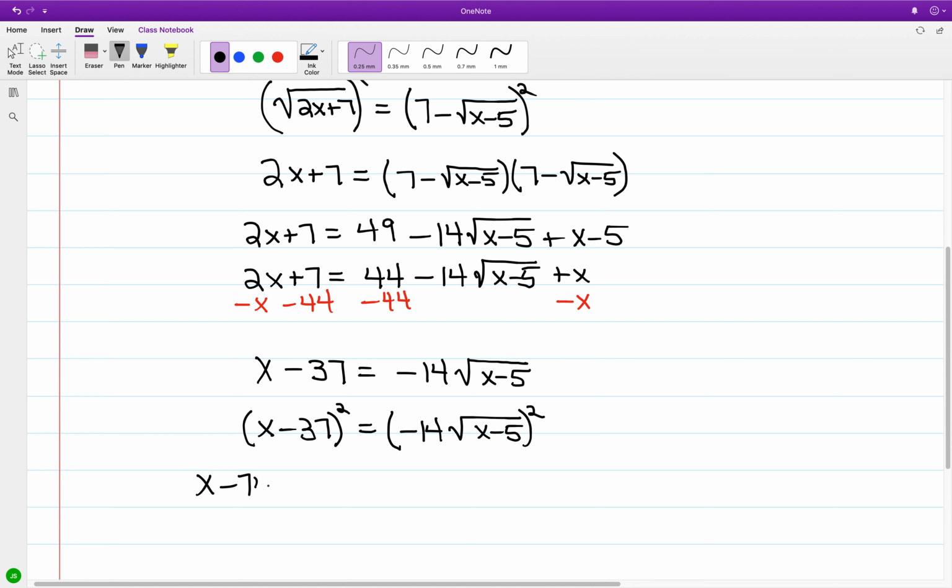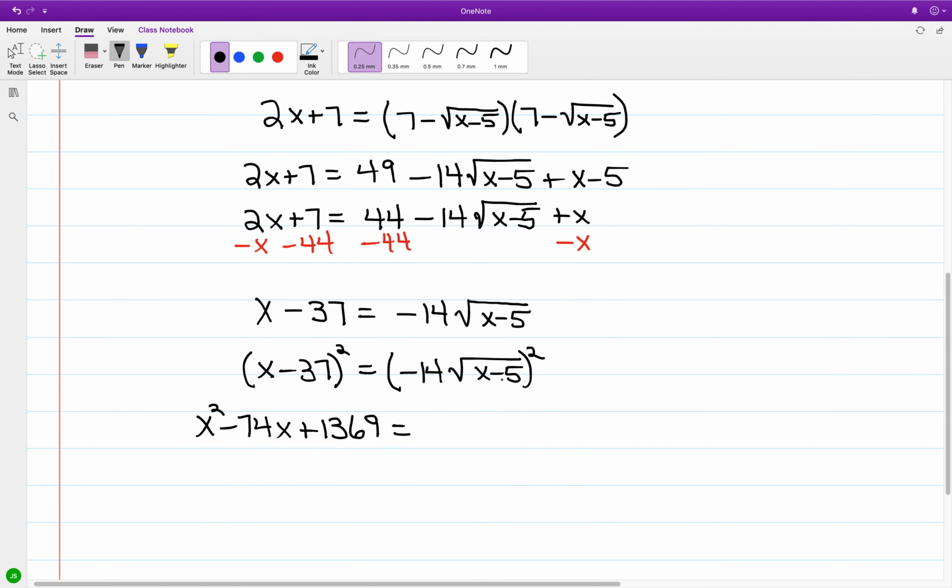And so we would have x squared minus 74x. And negative 37 times itself will come out to 1369, rather a large number. And to the right, if I square out negative 14, I have 196. Square root of x minus 5 squared will leave us with x minus 5.